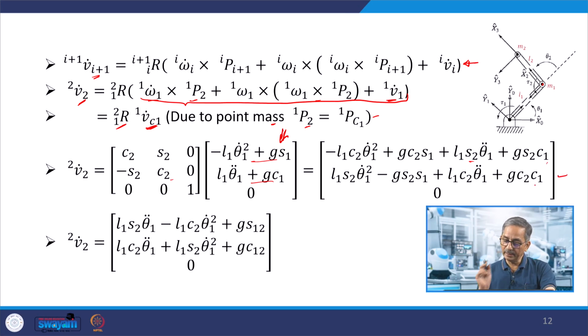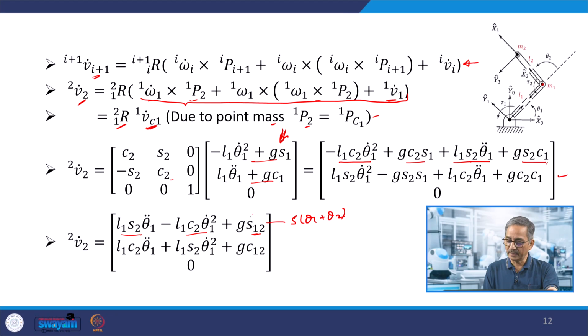Okay. And here we can do some simplification. So, let us write the acceleration term first. This L1 S2 theta 1 double dot is there, then L1 C2 theta 1 dot square. If you look at this equation, this is sin theta 2 cos theta 1 plus cos theta 2 sin theta 1, which is nothing but sin theta 1 plus theta 2 actually.